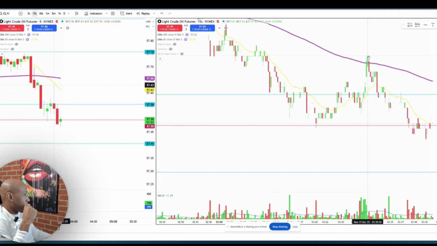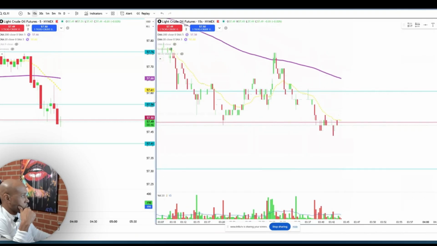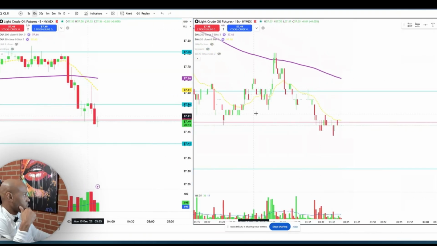But right here, that was a great pullback. Dang, I missed that one, right? Right into my 200 EMA on my 15-second, and looking to the left, perfect resistance too. That's all right though. Cool, cool.